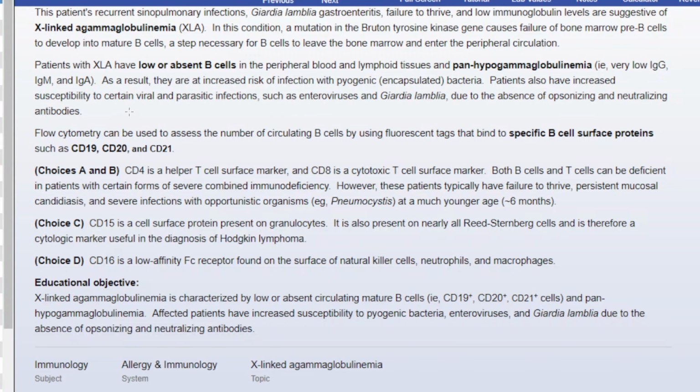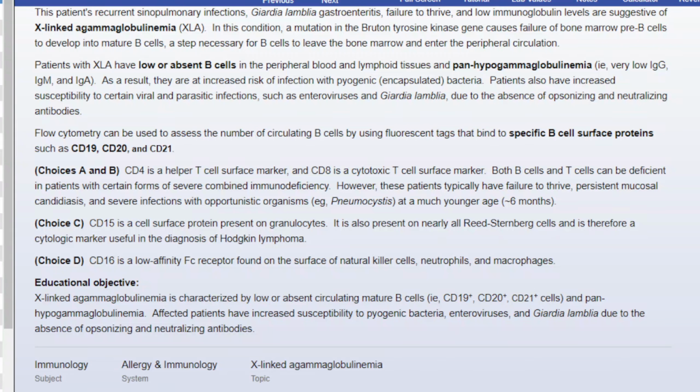So flow cytometry can be used to assess the number of circulating B cells by using a fluorescent tag that binds to a specific B cell surface protein, such as CD19, CD20, and CD21.